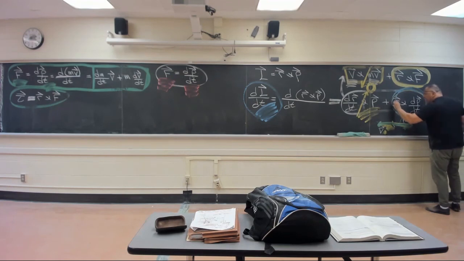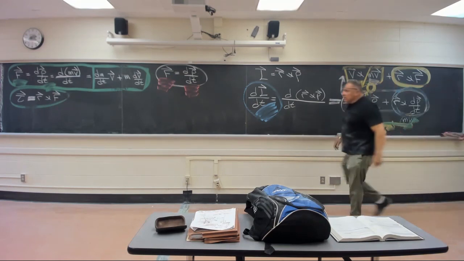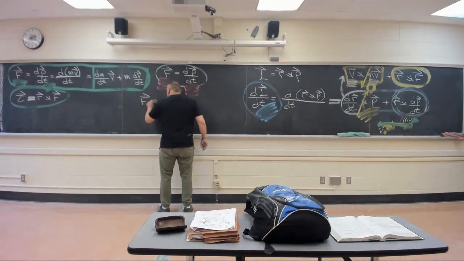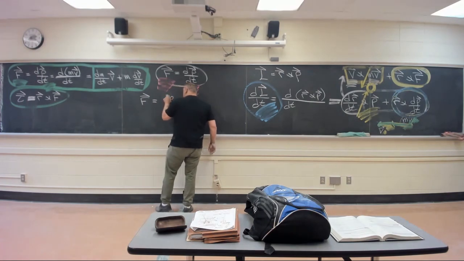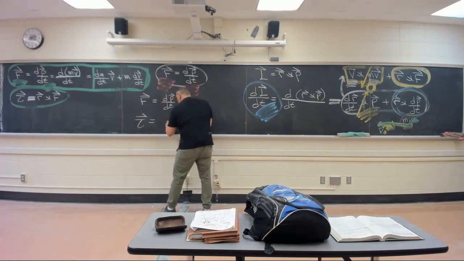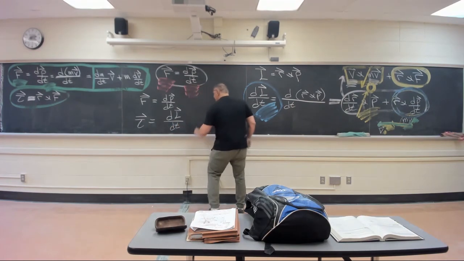The long story short is the following. F vector is dp vector dt, and the torque vector is dL vector dt. Why is that so?